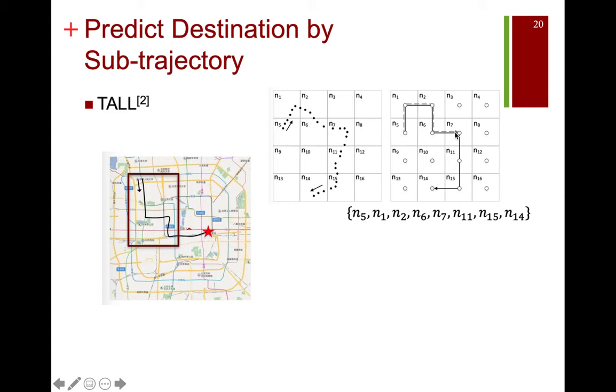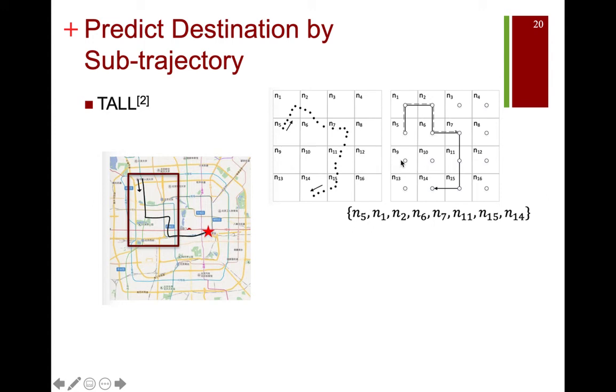So now the trajectory is not a sequence of GPS points. Instead, it's a sequence of grid cells, starting from N5 and then N1, N2, N6 until N14. And then the predicted result can be represented by a single cell, for example, N13 or N9.